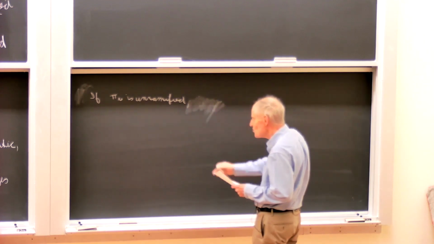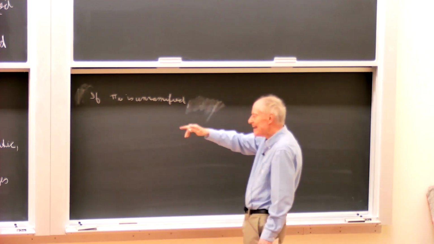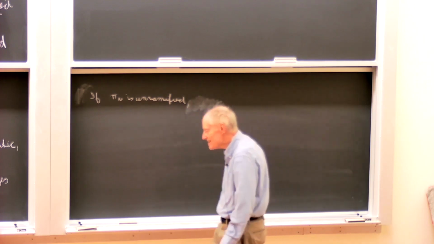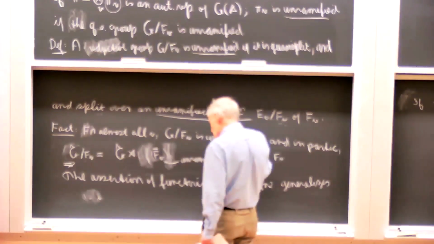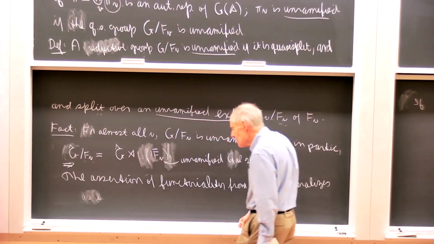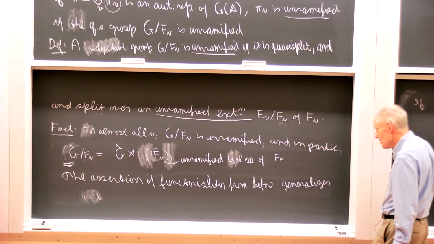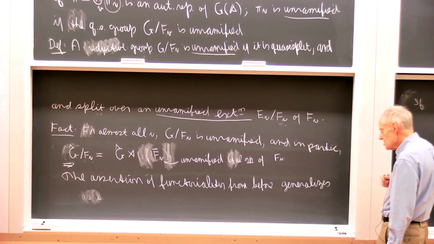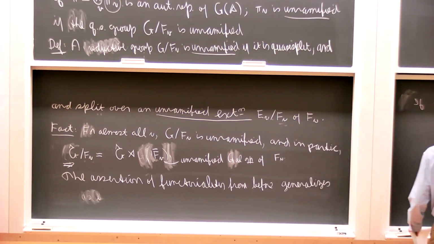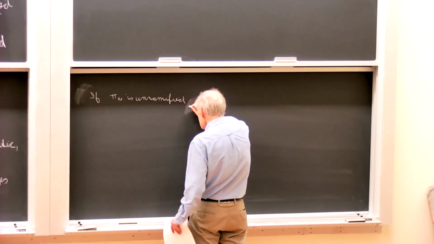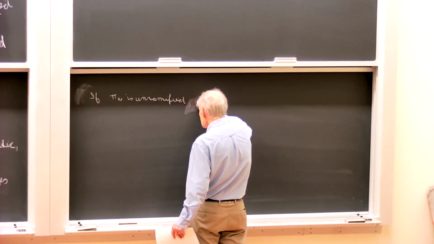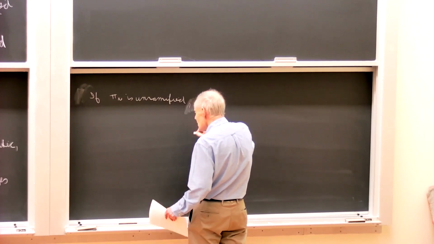I'm sorry to say that G over V is unramified, we ask first that the group G over FV is unramified in this sense. It's split over an unramified Galois extension. And by definition, one gets.